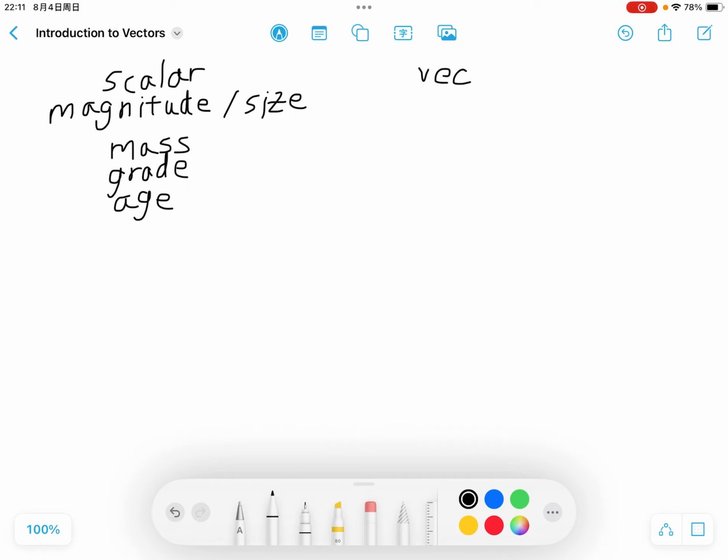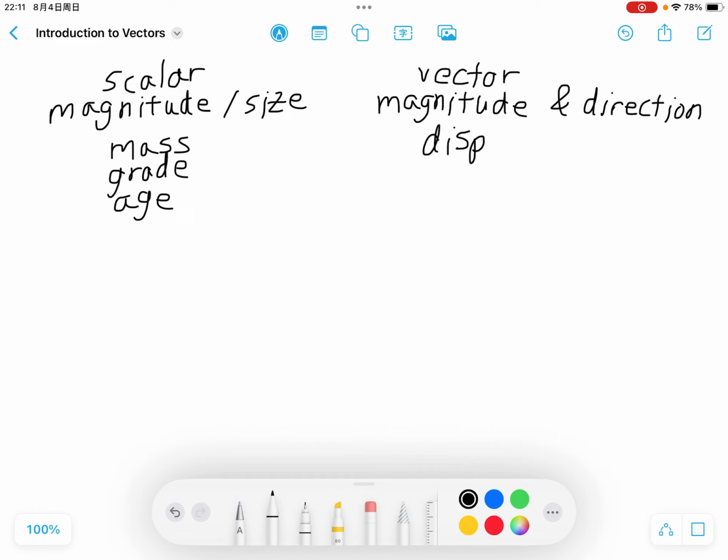Now, vector quantities are the opposite of scalar. They have a magnitude, or size, and they also have a direction. So types of vector quantities involve, let's say, displacement. So you can say I walked 5 meters to the west. That makes sense, right? And let's say we can have force.